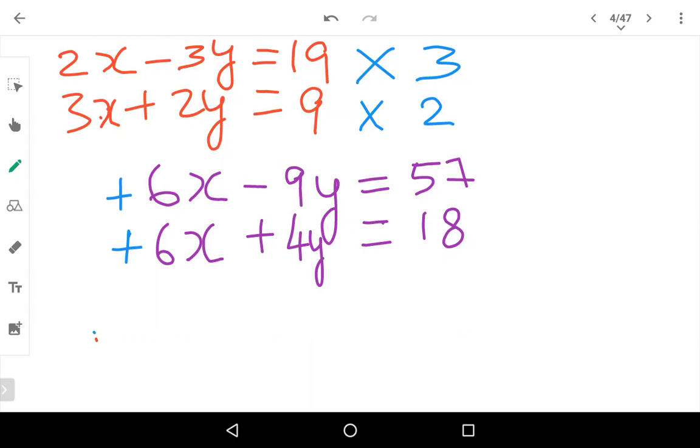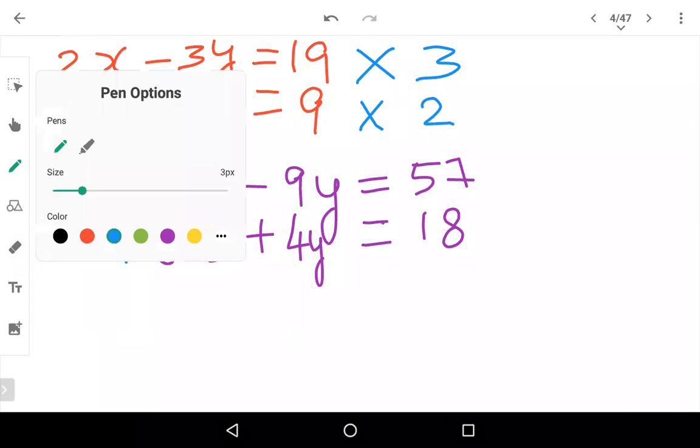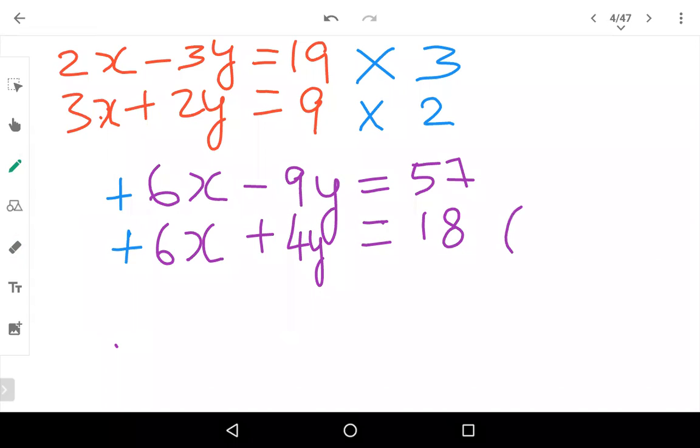Now when can I eliminate a variable? If they are the same, but one of them is plus and the other one is minus, I can cancel them out or eliminate them. So to create that scenario of cancellation, what we will do here is we are going to subtract the equations.